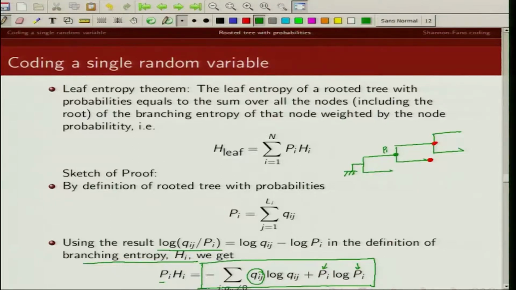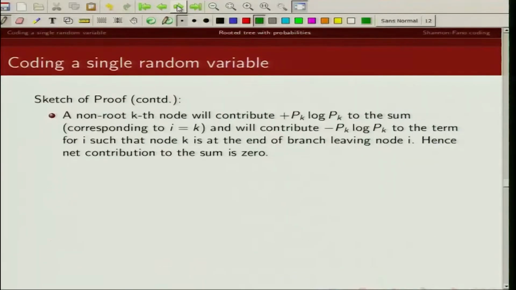Okay. So note that in this Pi Hi product there are two terms which are coming in. One contribution is due to the probability of this node, which is a positive contribution. The second contribution is coming due to the nodes and leaves at depth 1, which is a negative contribution. So let's look at these terms further.